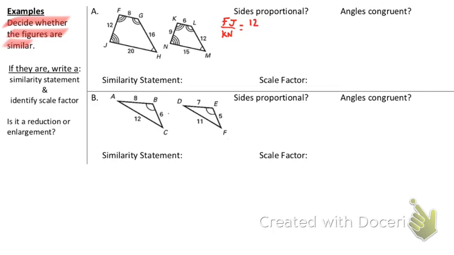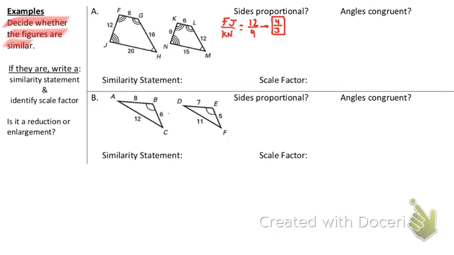FJ is 12. KN is 9, and we can reduce. So I'm going to reduce by 3, and if we reduce by 3, that's 4 over 3. So I want to check, do all my other sides equal 4 over 3?